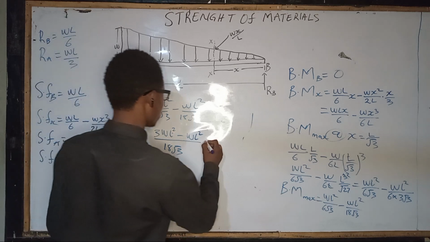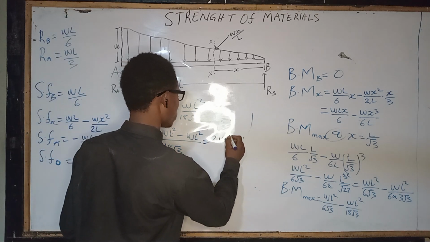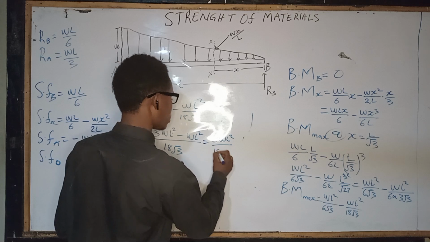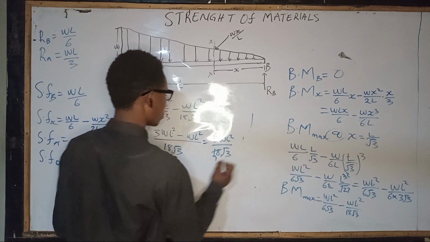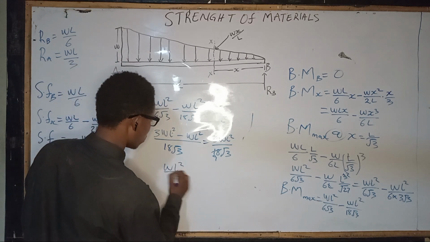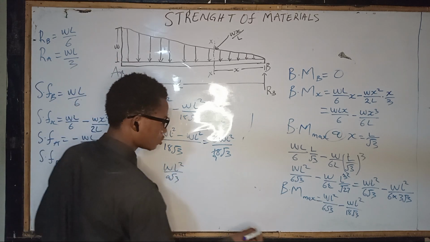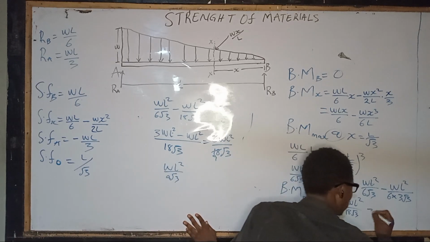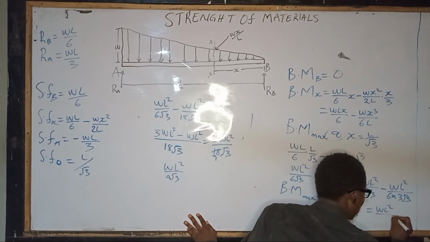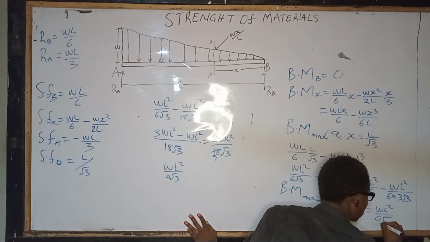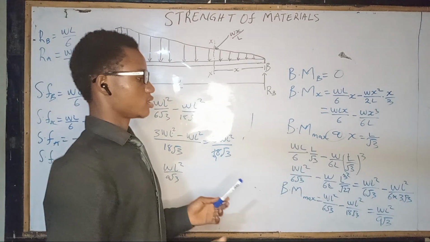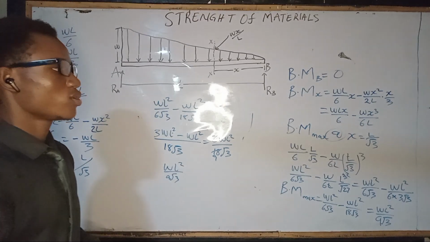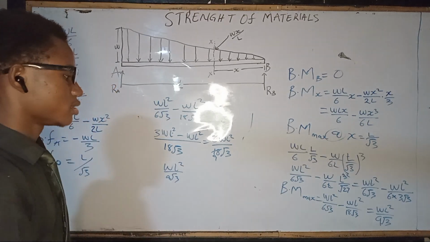So from here it is equal to 2WL square over 18 root 3. 2 here 1, 2 here is 9. So we have WL square over 9 root 3. So that our M max is equal to WL square over 9 root 3. So that will be our bending moment at the maximum point, WL square over 9 root 3.